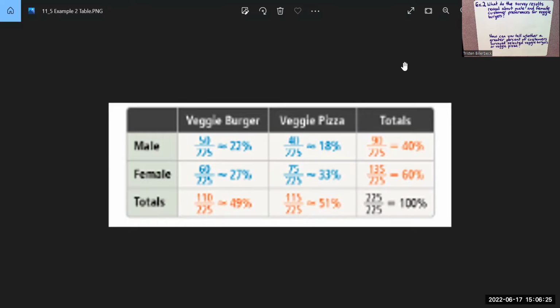Okay, so when we look at male and female preferences, 22% versus 18%, a little more men like the burger, a little more women like the pizza.